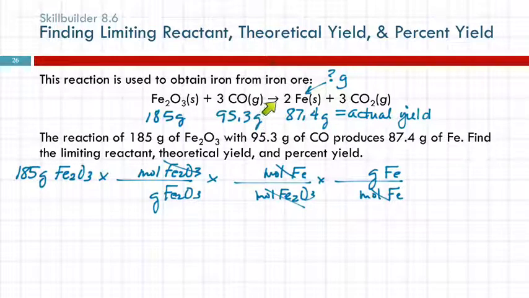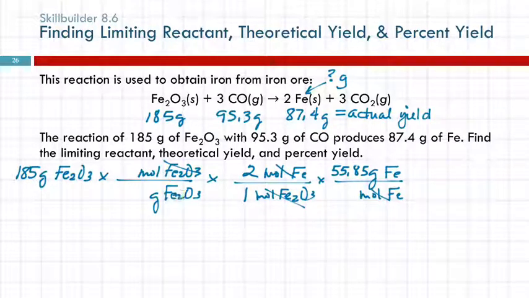Moles of iron. 2 moles of iron, 1 mole of Fe2O3. This molar mass is the easiest one. Tell me if I'm wrong, but I'm pretty sure it's 55.85 molar mass of iron. You guys can see the periodic table better than I can. Okay, thanks.